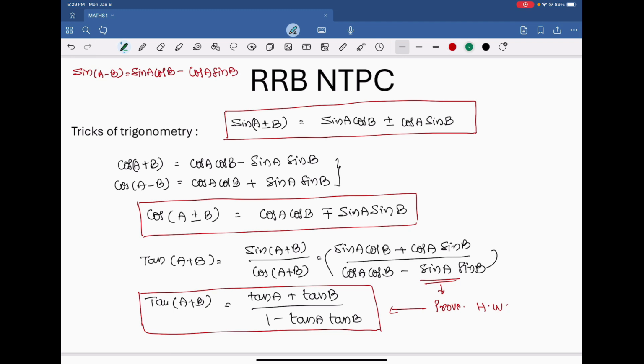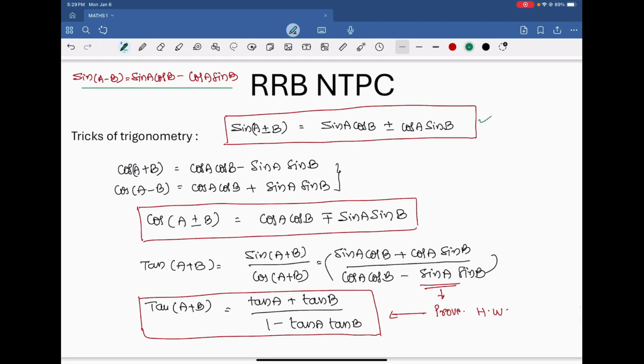Then, from the above, we have found out the value of tan(A plus B) from basic definitions.